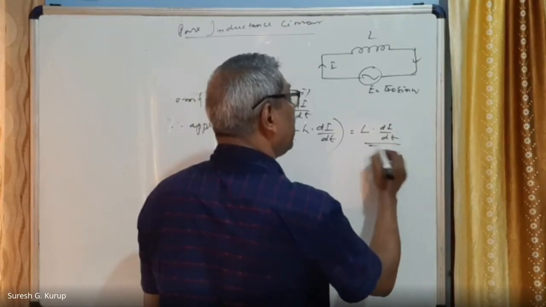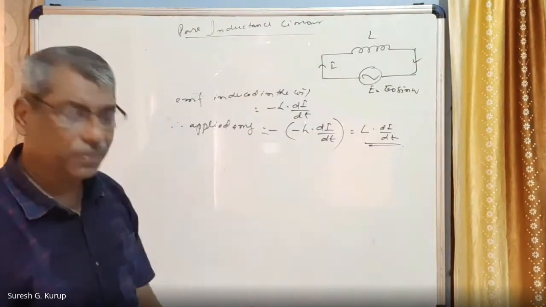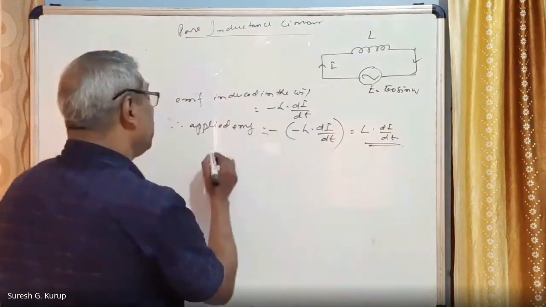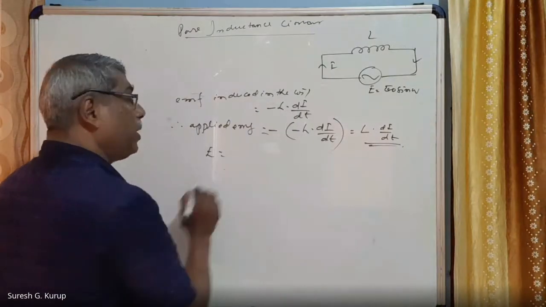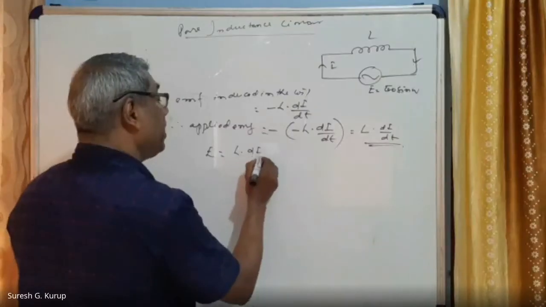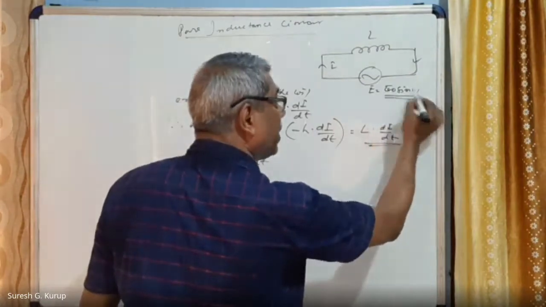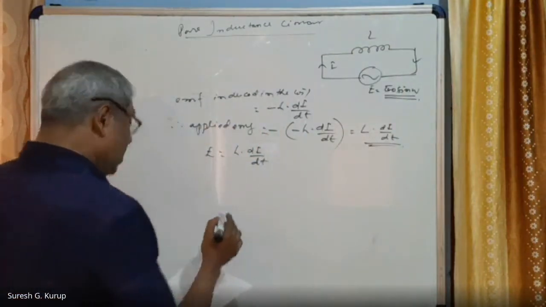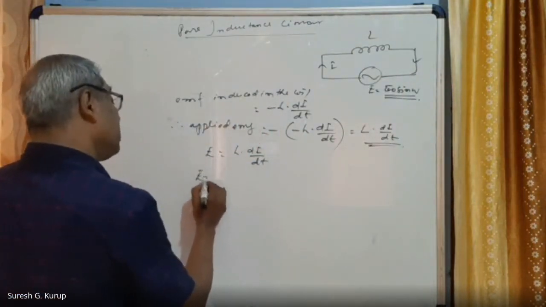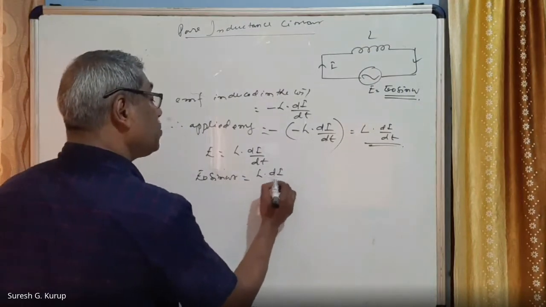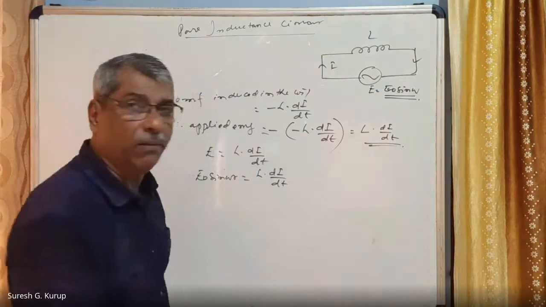Also, I can write, this is the applied EMF. Right? That is, applied EMF E is equal to L into di by dt. But the applied EMF is equal to E0 sine omega t. Therefore, what we can write is E0 sine omega t is equal to L into di by dt.